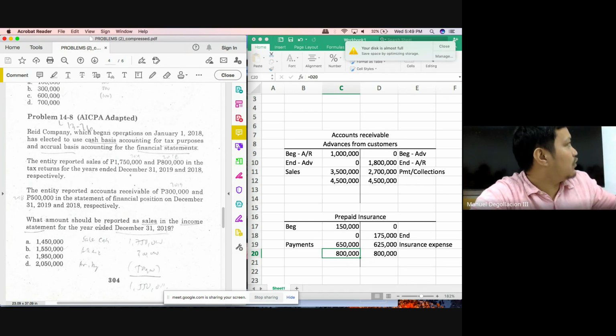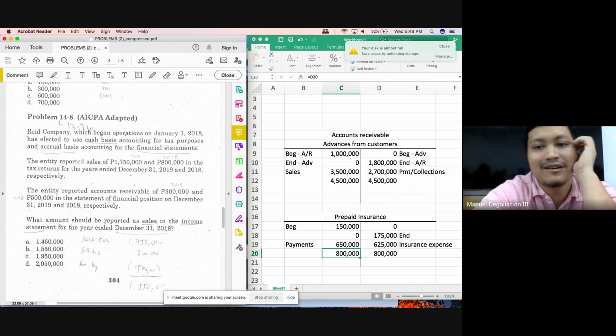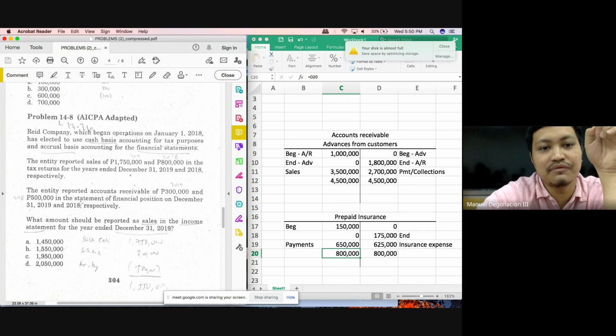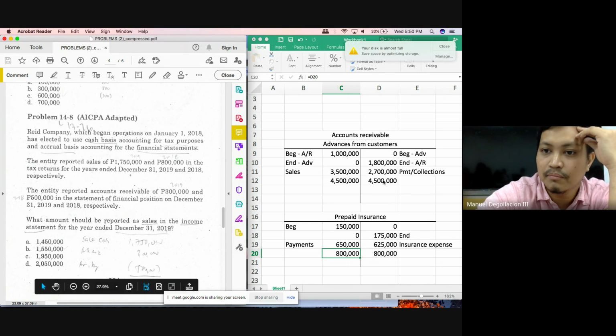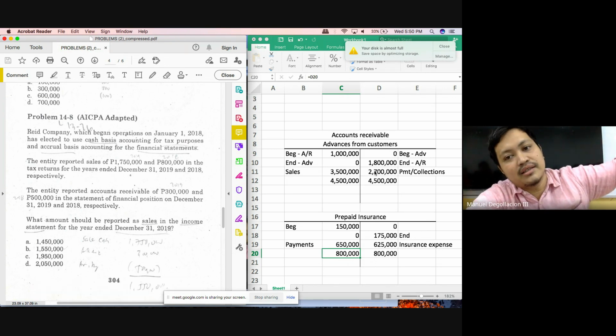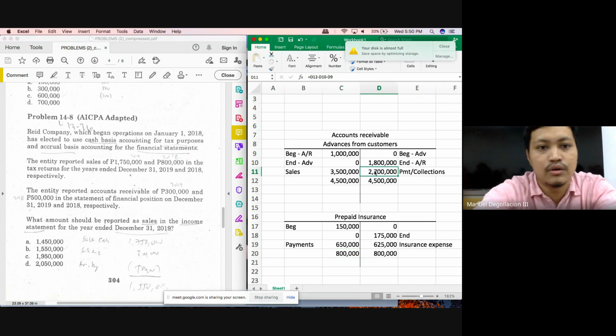So let's try if we can still use the T account, class. What are we given? Under cash basis, the entity reported sales of 1,750 and 800 in the tax returns in 2019 and 2018. So 2019, 1,750. If sales is 1,750 in 2019, that means that is the amount of payments or collections. We'll place that there in the missing box, class.